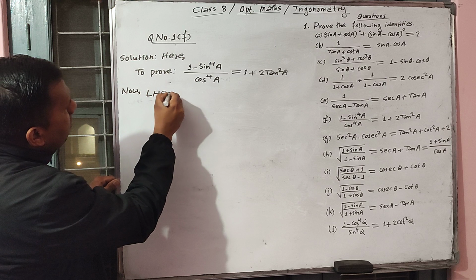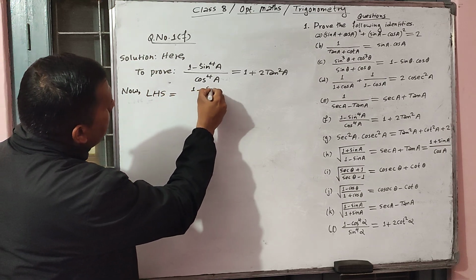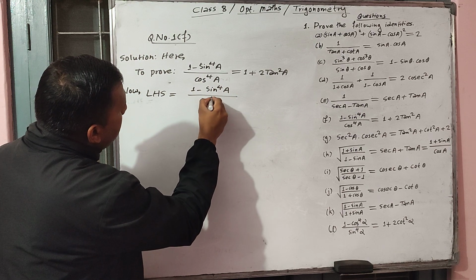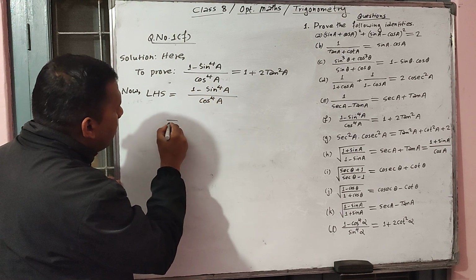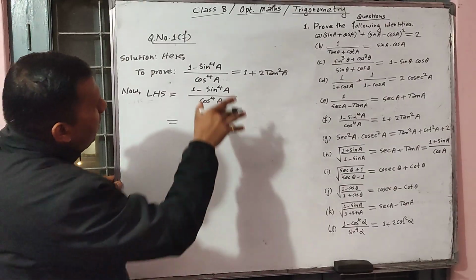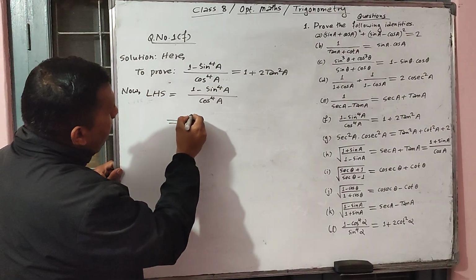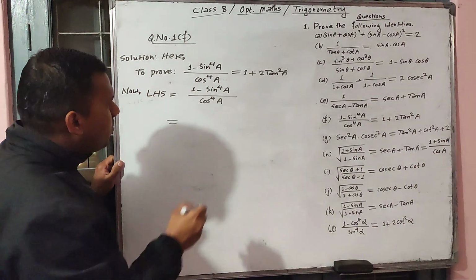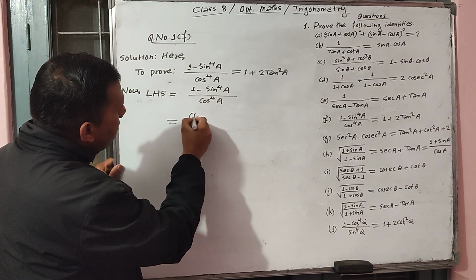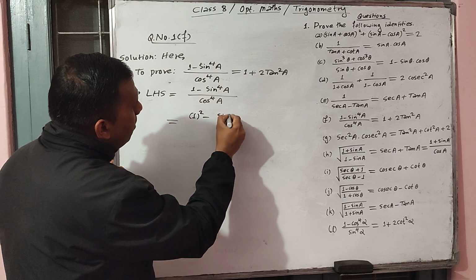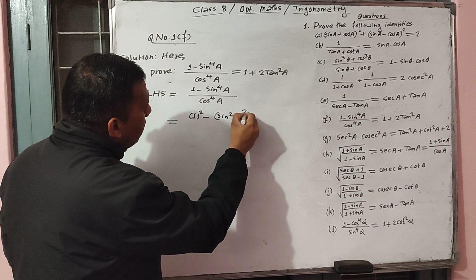Now, the LHS is equal to 1 minus sin to the power 4a whole upon cos to the power 4a. The numerator is 1 minus sin to the power 4a. We can write it in terms of a square minus b square form. So 1 is 1 whole square, minus sin to the power 4a is sin square a whole square.